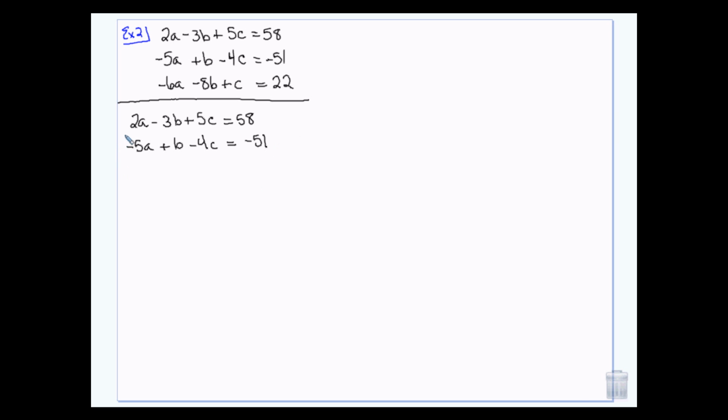And since I'm going to try to get rid of b, I'm going to multiply this by 3. So do you see how that'll make my b's cancel? Nope, because this one's already negative. Yeah. So I've got the top equation staying exactly the same.